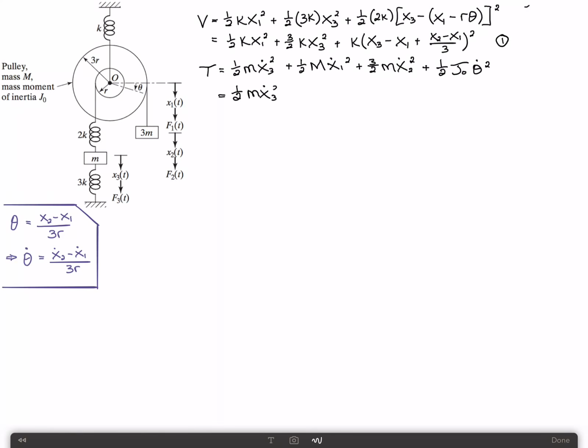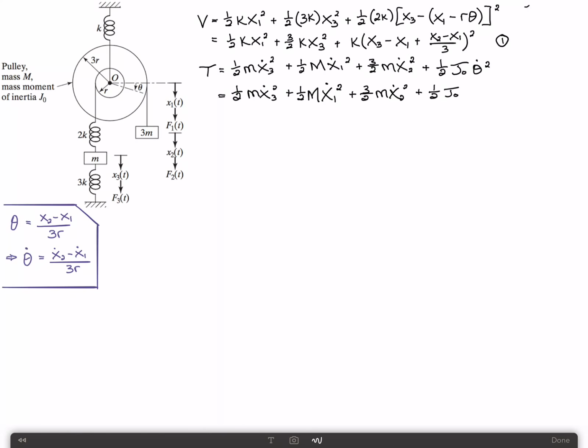m x3 dot squared plus 1/2 big M x1 dot squared plus 3/2 little m x2 dot squared plus 1/2 J0 times, let's see how I want to write this.